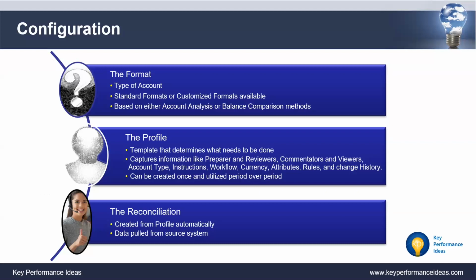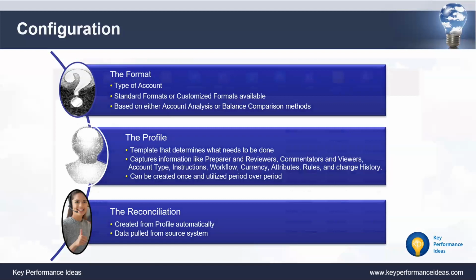Maybe there's something specific to your business that is very hard, not just to communicate out, but it's hard to capture. This allows you to do that. The profiles are set up as part of the configuration. Then our final step is the actual reconciliation. The reconciliation is an object that is created from the profile automatically. So once the data is pulled from the source system, the reconciliation can be created at this point.